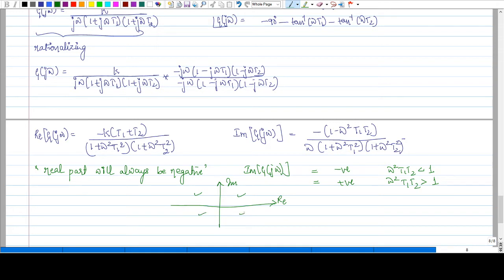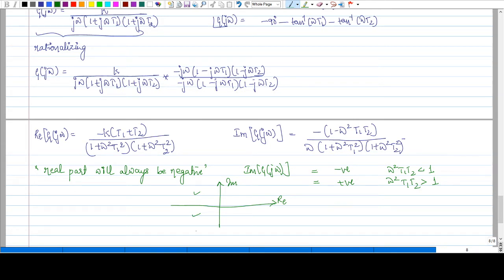I'll repeat again: the real part will always be negative, so these are the only two possibilities for that, and the imaginary part can be either negative or positive.